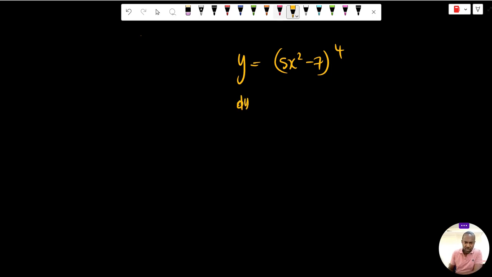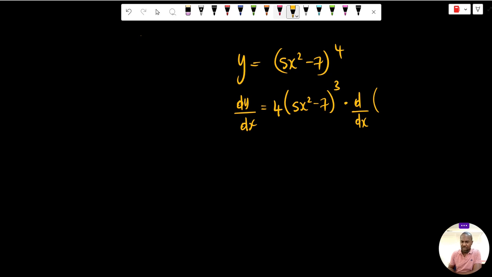We say that dy by dx is equal to, firstly, we treat it like a regular derivative, where we just bring the power down, multiply by it, and then reduce the power by 1. So the 4 comes down, goes in front of the brackets, we keep the 5x squared minus 7 inside the brackets, and the power gets reduced by 1. Now, because it's a composite function, we have to multiply by the derivative of what is inside the brackets.